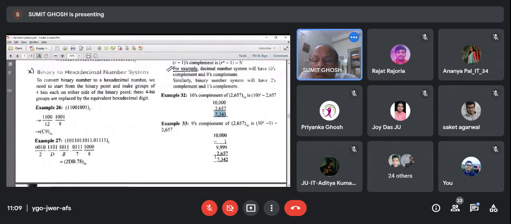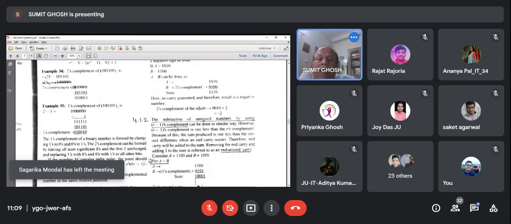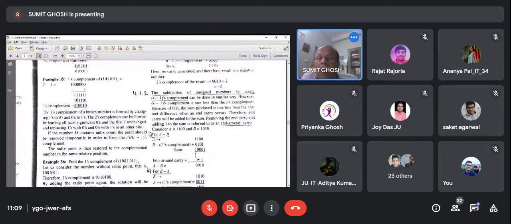9's complement is 1 less than 10's complement. Similarly, 1's complement is 1 less than 2's complement. Clear or not? Yes, sir. So because of this, the sum which we have got is 1 less than the correct difference when an end carry occurs.